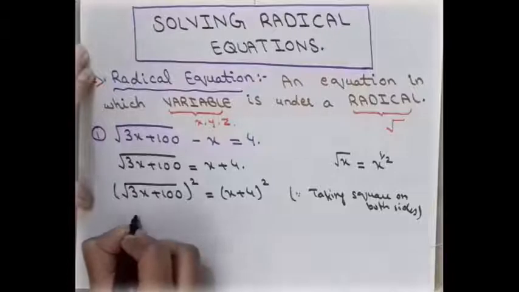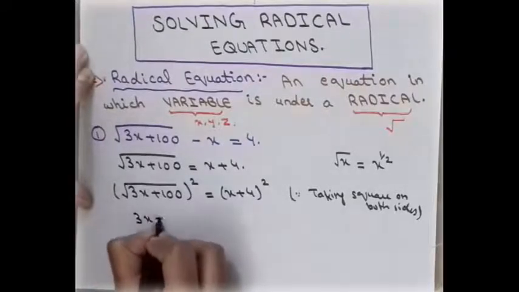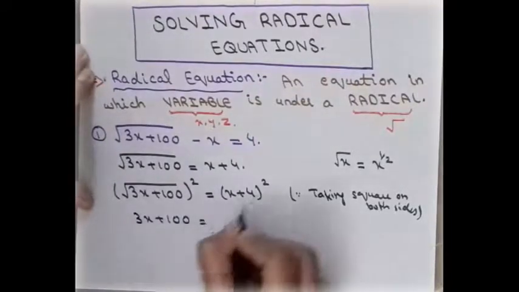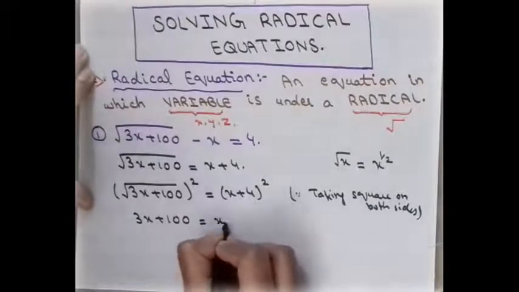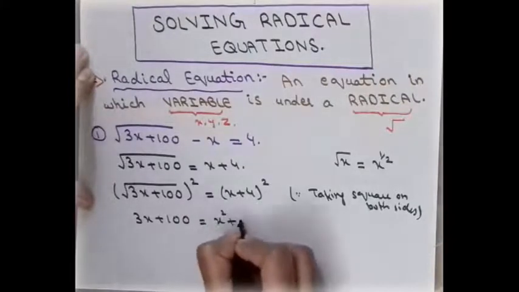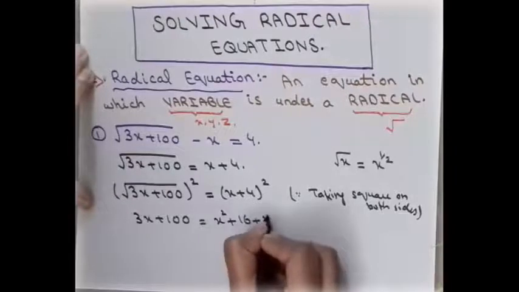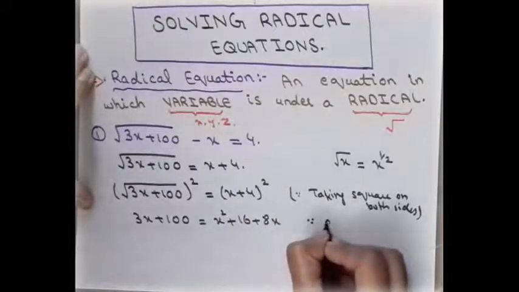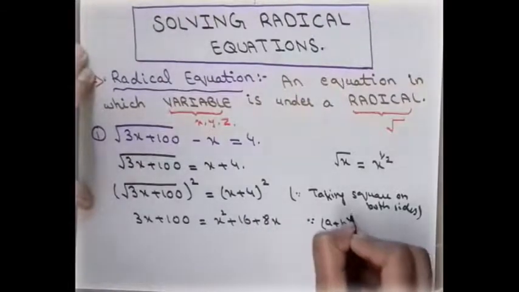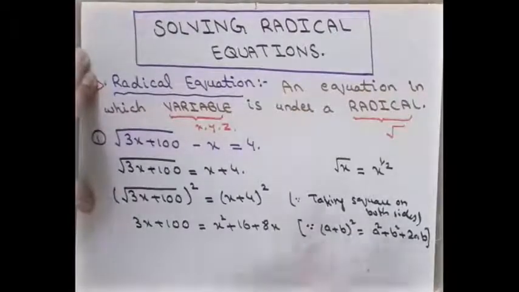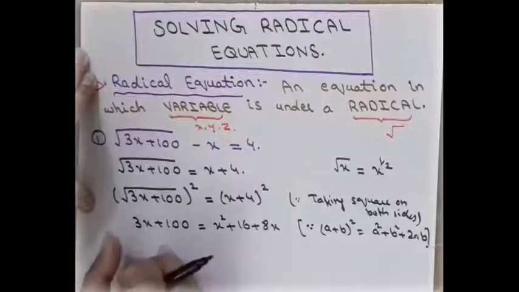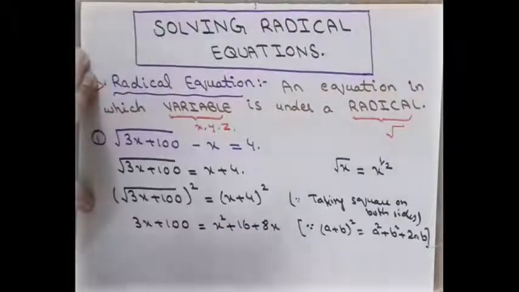So we can write 3x plus 100 equals, opening the square, x squared plus 16 plus 8x. Here we use our formula. In this step we open the square formula. Now to solve this, take these terms to the right hand side.